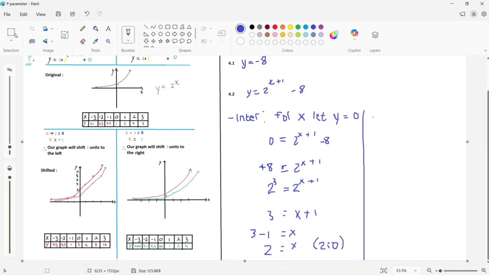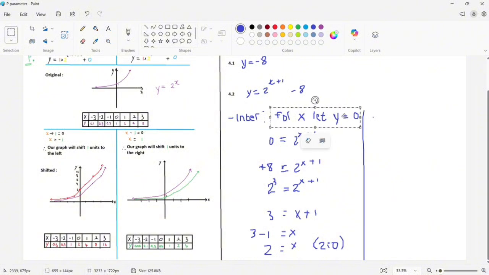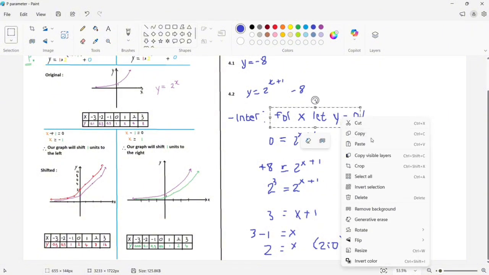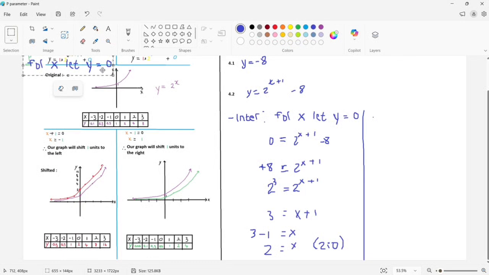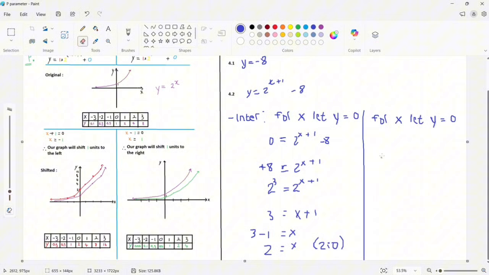Then we're also going to find the y-intercept.